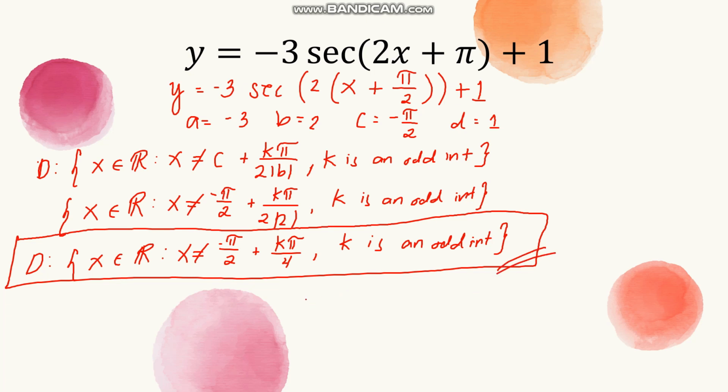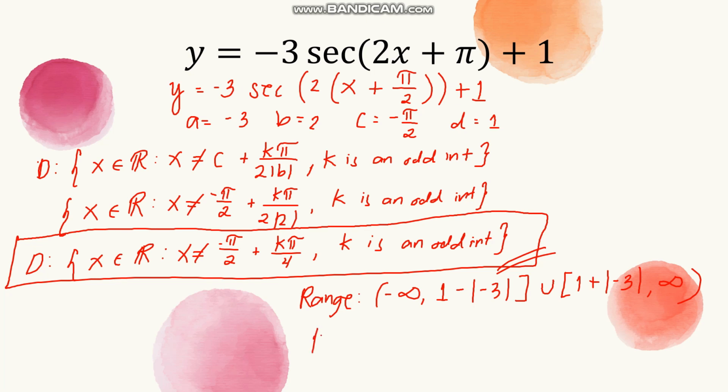For the range, just apply the formula as well. Negative infinity, our d is 1, minus absolute value of a. Our a is negative 3. Included, union with d, which is 1, plus absolute value of negative 3, to positive infinity. And then simplify.